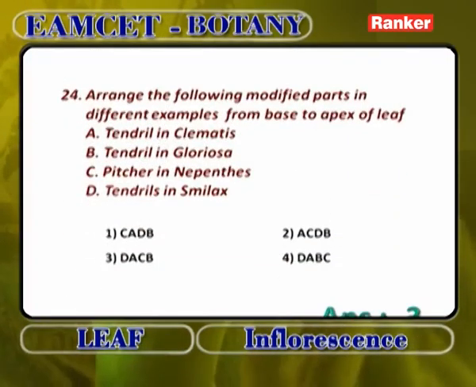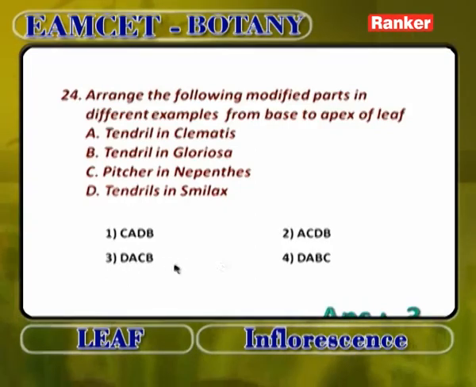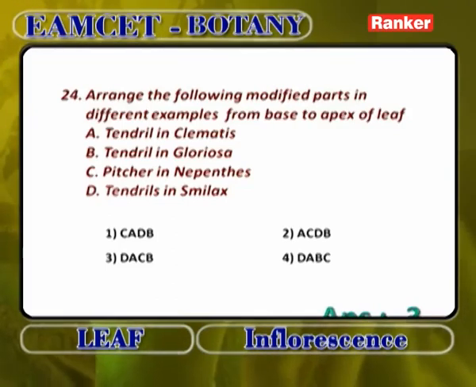Arrange the following modified parts of different examples from base to apex of leaf. Base to apex of leaf is DACB. Why? Because D, tendrils in smilax, have come from stipules. A, tendril in clematis, has come from petiole.